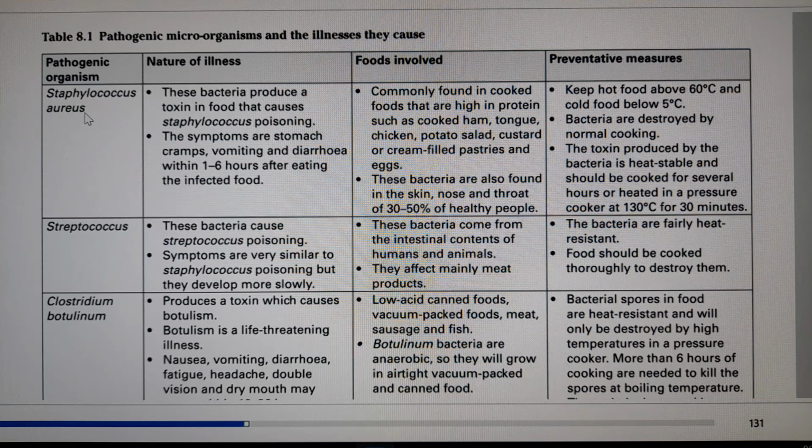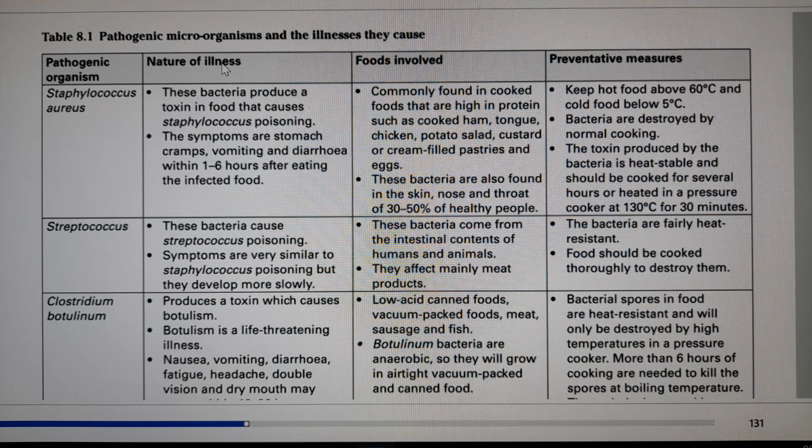Please try to practice how to pronounce these pathogenic organisms as well, so that in the exam you won't forget them. So let's do it slowly. Staphylococcus aureus. That's the first pathogenic organism.